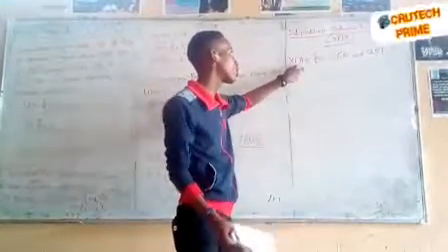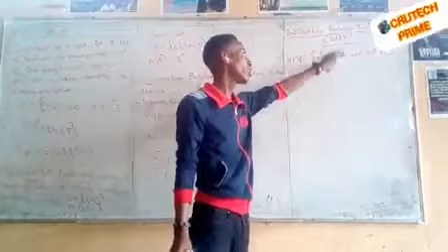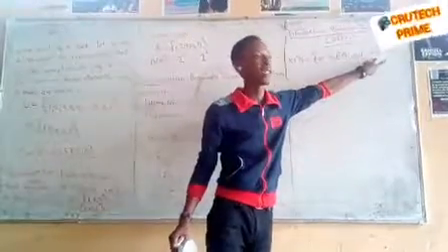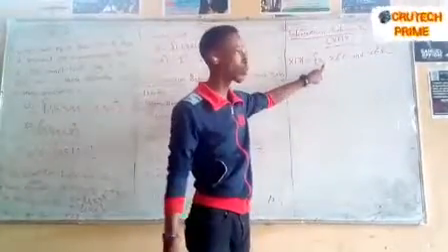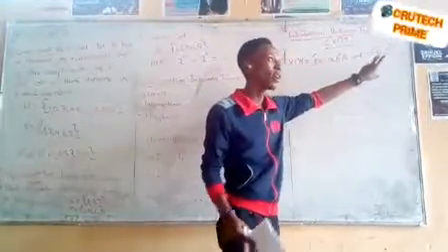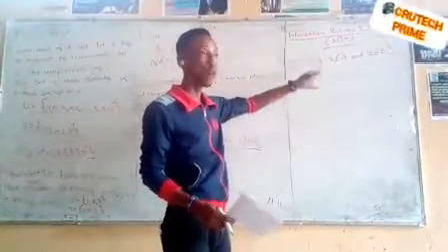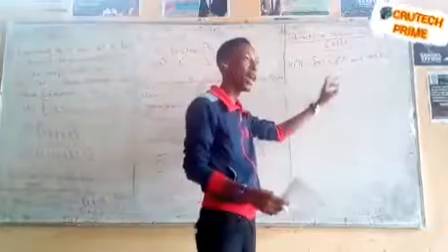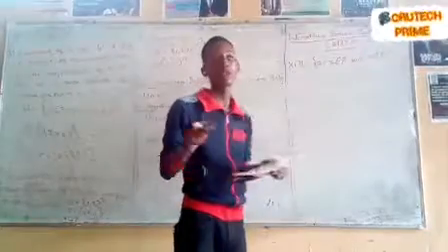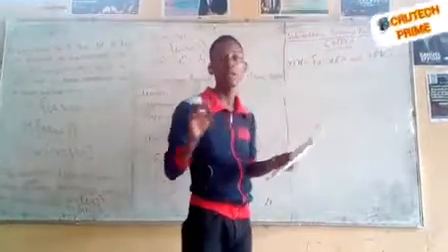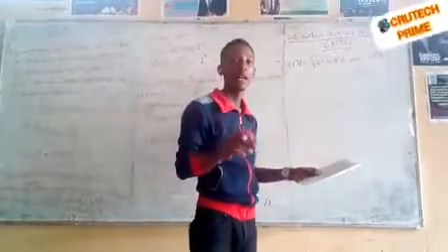X intersection Y is equal to x element of the set A and x element of the set B. What this simply means are the common elements of both A and B. Intersection means the common elements between A and B.